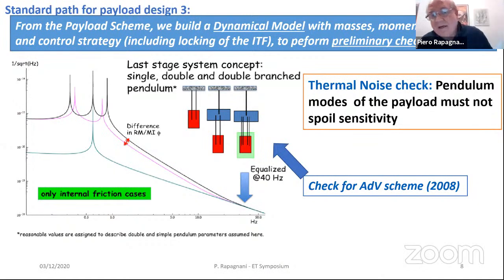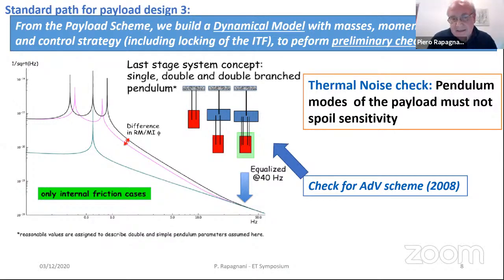After the scheme is found, is designed, the first check that one does, as Leonard has shown, is to check if the new dynamic scheme is compatible with the thermal noise that you expect. Because we have pendulum resonances around, the dynamics could be rather complex, and these pendulum modes could somehow increase the thermal noise that we see, also at frequencies that we use for detection.